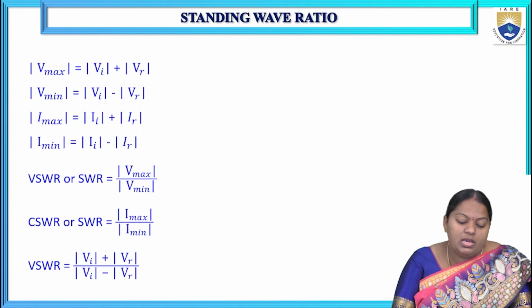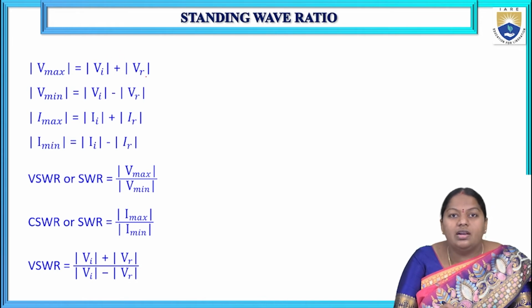The magnitude of V max is the modulus of Vi plus Vr, where the incident wave voltage is Vi and the reflected wave voltage is Vr. We get maximum voltage by combining the voltages of the incident and reflected waves, and minimum when the reflected wave voltage is subtracted from the incident wave voltage.